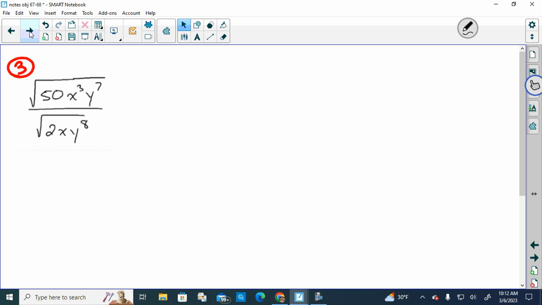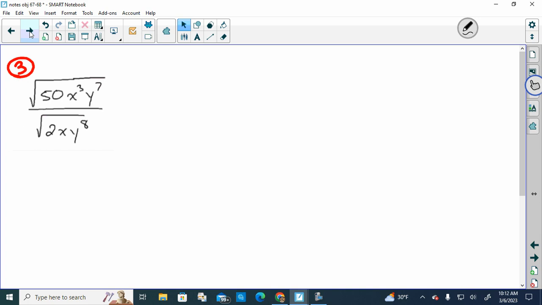Okay, so radical 50 x to the 3rd, y to the 7th, over radical 2 x y to the. Okay, so the long way, you can multiply the top and the bottom by radical 2 x y to the 8th.